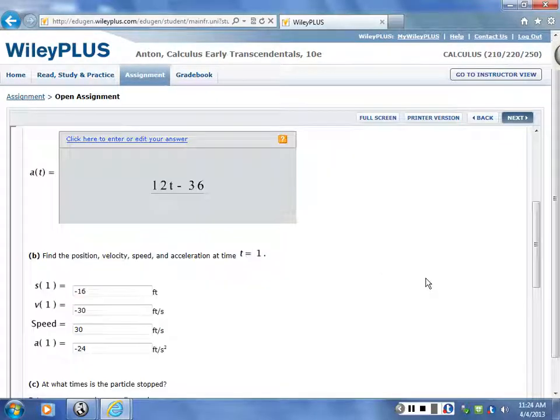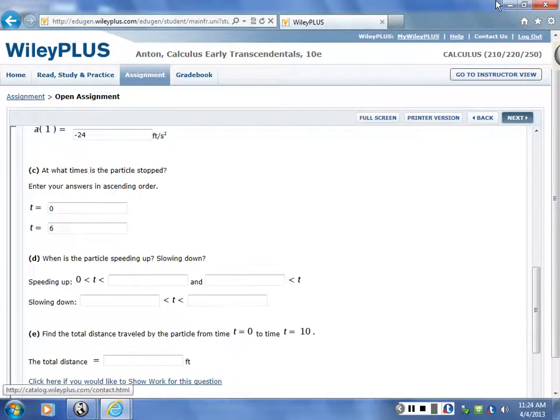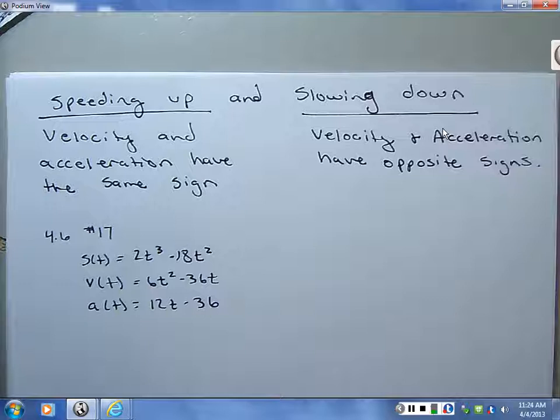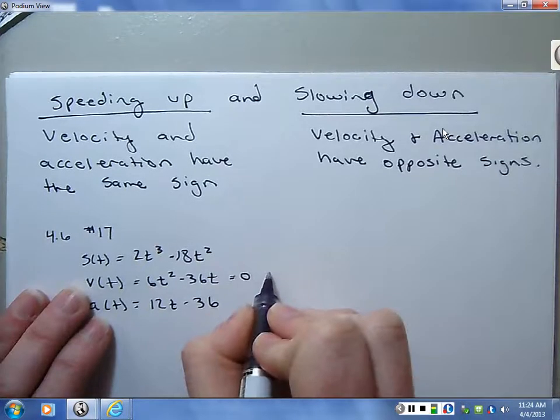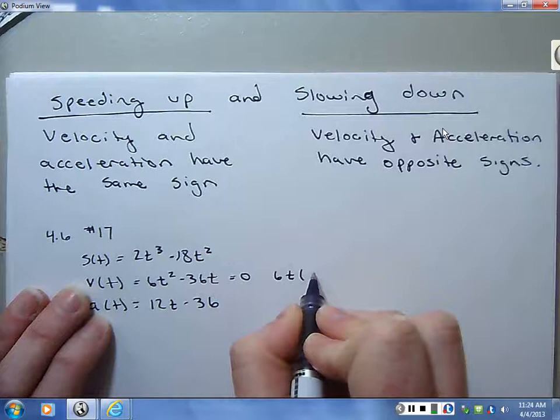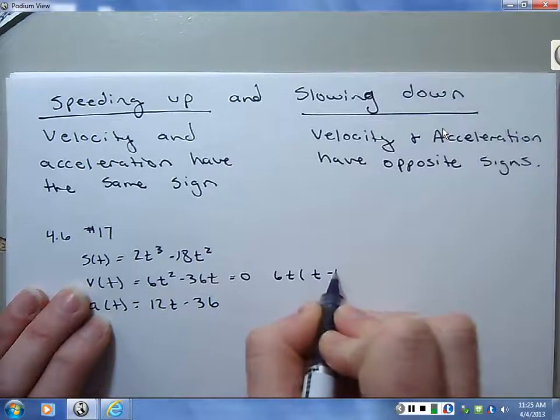When is a particle speeding up or slowing down, I have to check the sign of velocity and acceleration. When this equals 0, if I factor out a 6t, I'm left with t minus 6 equals 0.